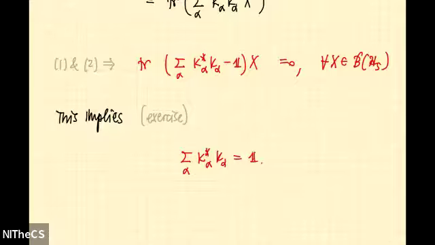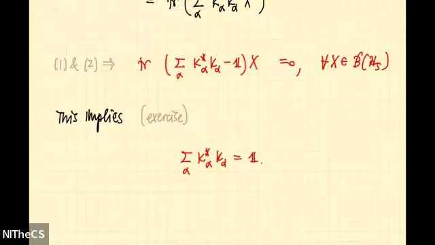This is something I propose that you do as an exercise. It's actually very simple, and I will give you a hint in a second. But from this, you realize that this operator has to be 0. And so the sum over all these K's is normalized to the identity operator.